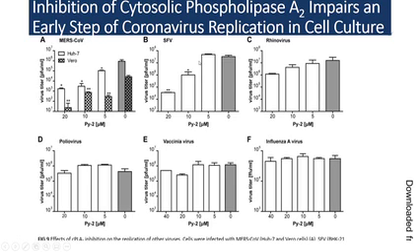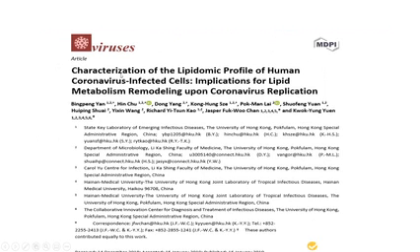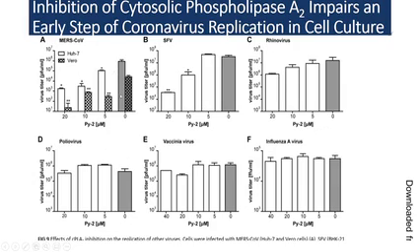And this is a good graph showing that in all the different cells, the virus was decreased. If you just look at this solid bar here, let me go back. Look at the cells that don't have any filling.